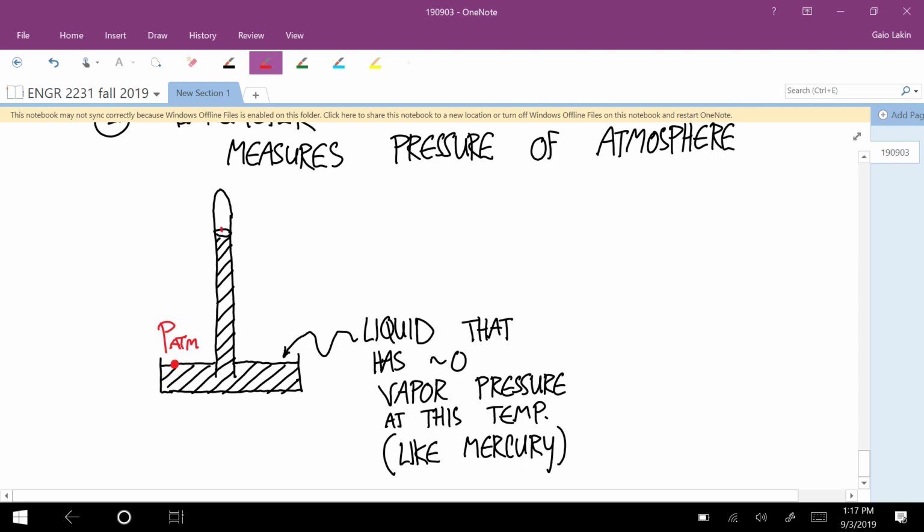What's the pressure here inside the tube? The idea is that we use a liquid that's going to make that pressure, so we'll call this P, about equal to 0 if we use the right liquid.